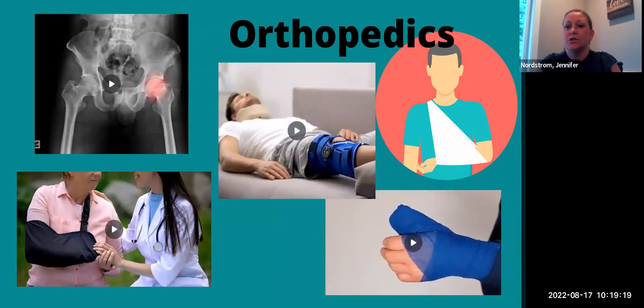We're going to start you usually off in orthopedics. That is a floor that will have a rehab gym. You will see hip surgeries, you'll see hip replacements, you'll see knee surgeries, you'll see shoulder surgeries, rotator cuff tear surgeries, fractures, hands, lower extremity fractures.